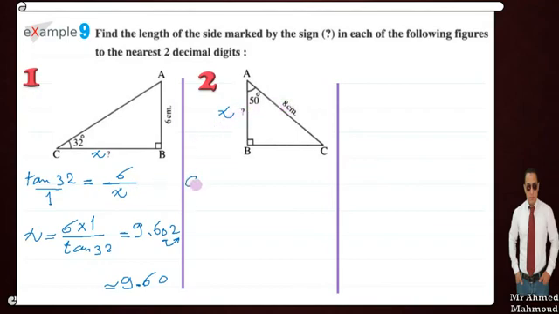So cosine 50 equals x over 8. I will send 8 there as a times without cross multiplication, then x equals 8 times cosine 50. By using cross multiplication, we put 1 there, so it will be 8 times cosine 50 over 1. Both are correct.